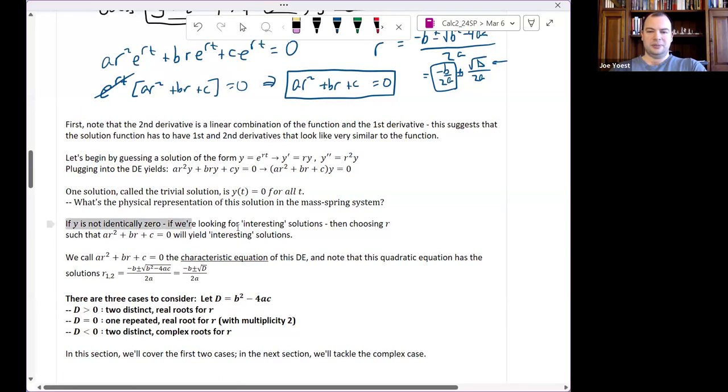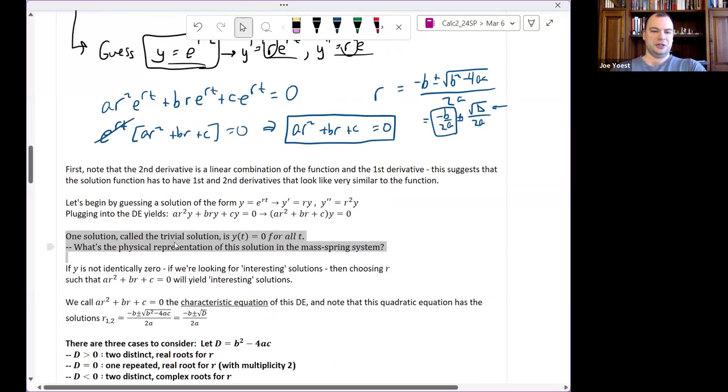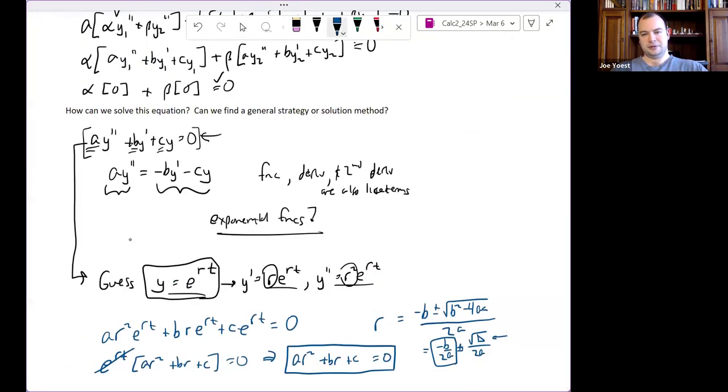One other little note up here is that in this type of equation, there's always a trivial solution. Y of t equals 0 is a solution. Typically, that's not the solution that we're really looking for or interested in.